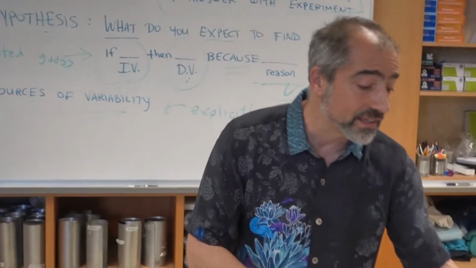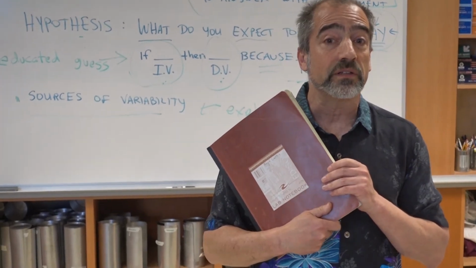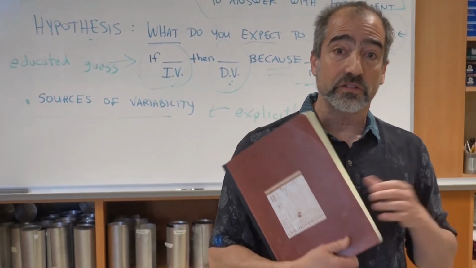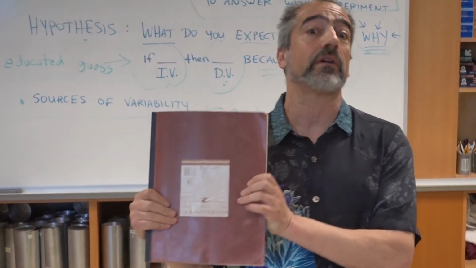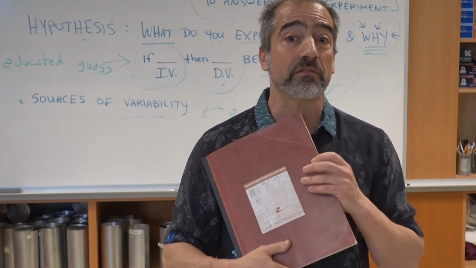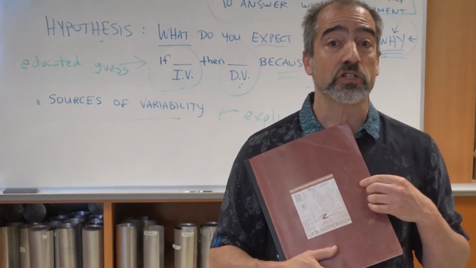And I think this causes a lot of stress for students in this class because they're used to being judged on having the right answer. And this is a record of your work and of your thought process, and sometimes you change your thoughts.